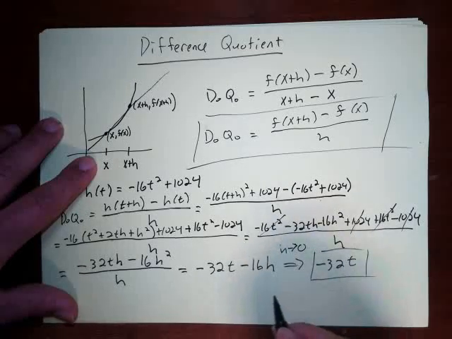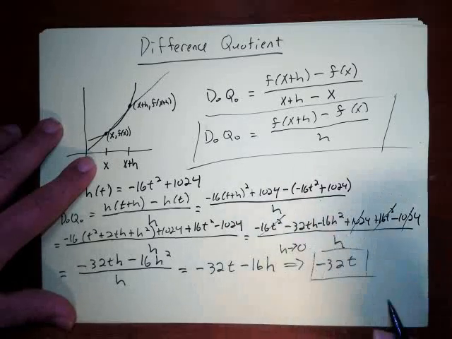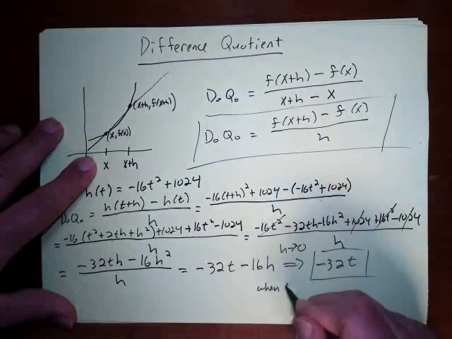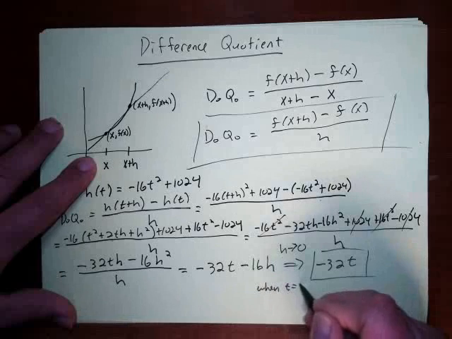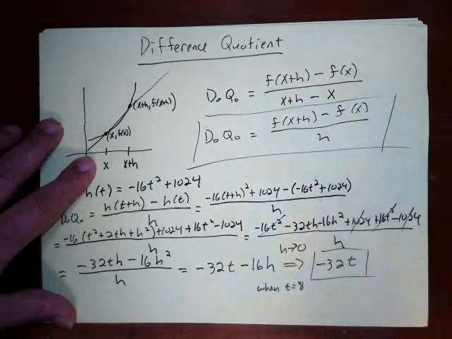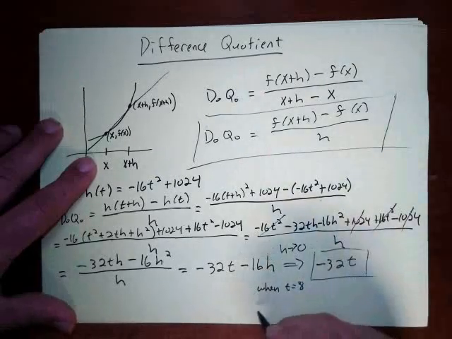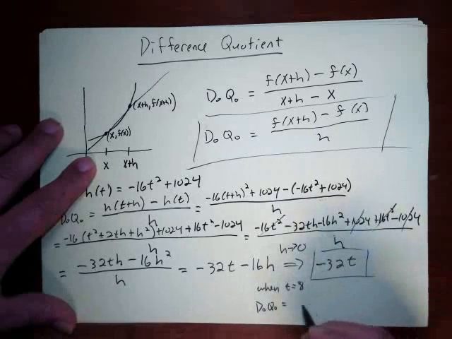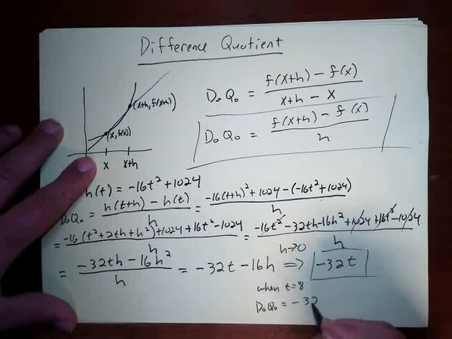Okay? So we can say when the rock hits the ground, that was at t seconds. So when t is equal to 8, that's when the rock hits the ground. Our difference quotient here is going to be negative 32 times 8.